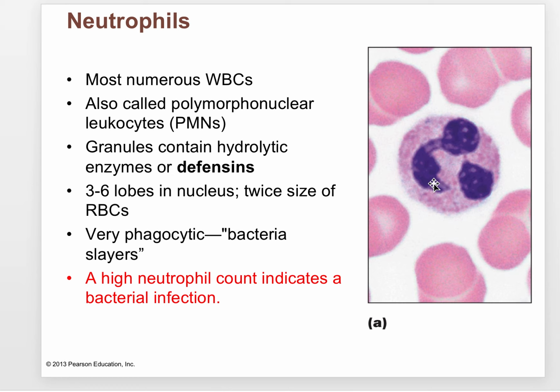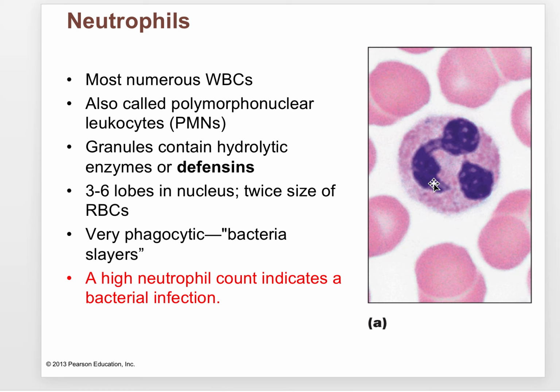These neutrophils are very phagocytic. Phagocytic means they engulf their prey, like bacteria. If you have a bacterial infection, your neutrophil count goes up high. That is the body's response to the infection to try to counteract the infection.